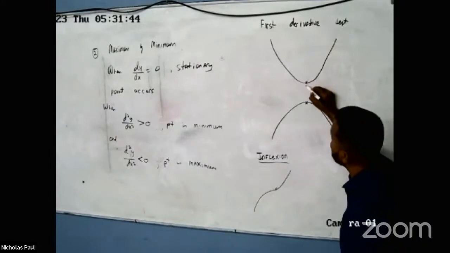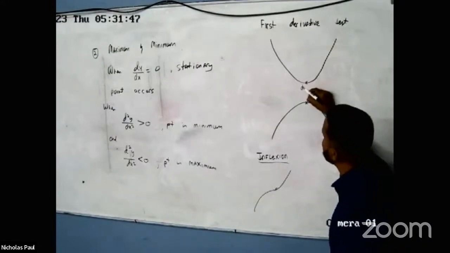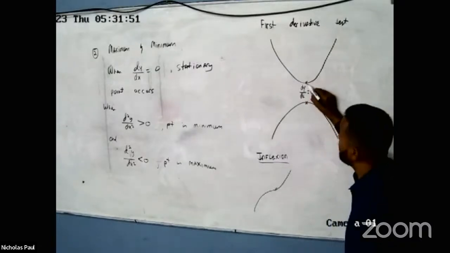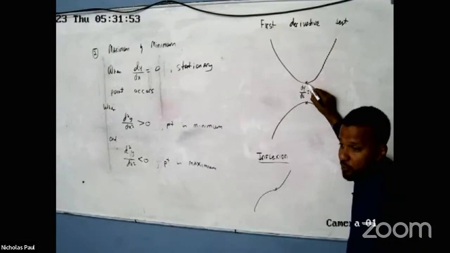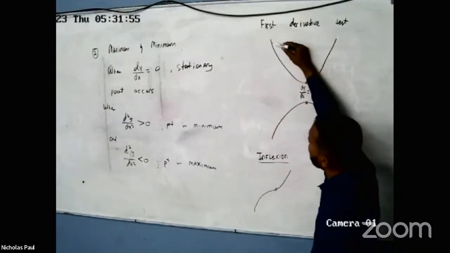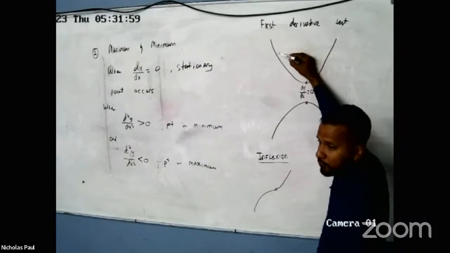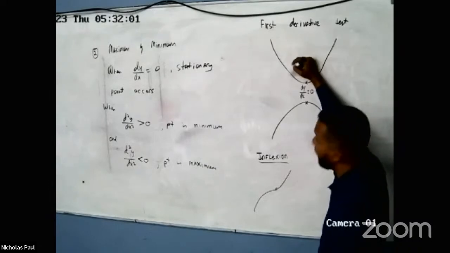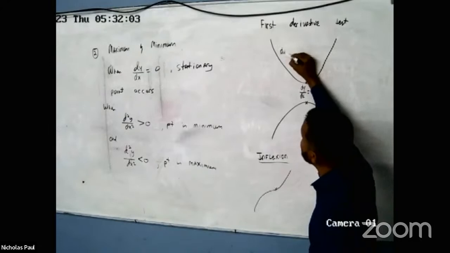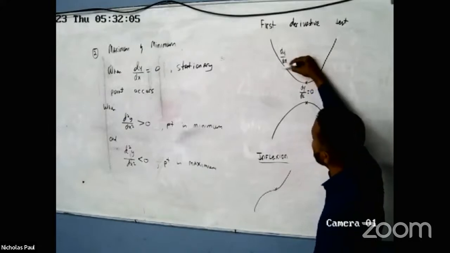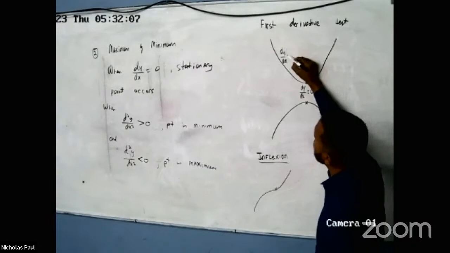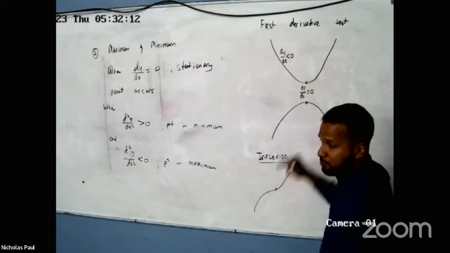We know at this point here that dy/dx is 0, that's a stationary point. This function here, is it increasing or decreasing? Decreasing, right? So along this point here, you'll recognize that your dy/dx is less than 0 because it decreases.